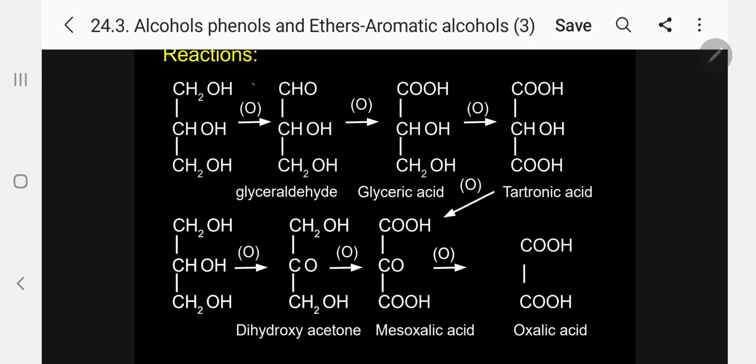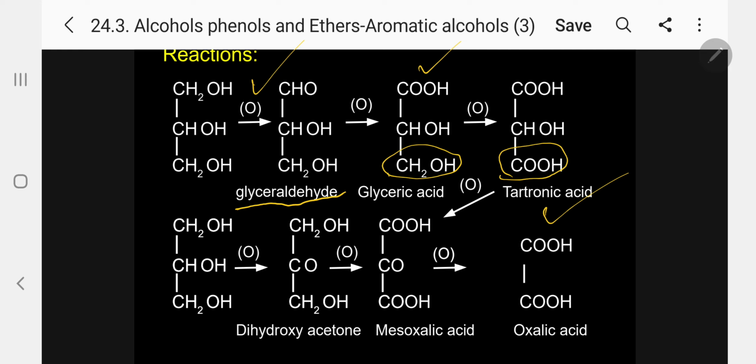First, the primary alcohol undergoes oxidation to glyceraldehyde, the first step. And further oxidation, what will happen now? The aldehyde undergoes oxidation giving the corresponding acid, glyceric acid. Further oxidation, the other primary alcohol also undergoes a similar way to give the corresponding acid, tartronic acid.